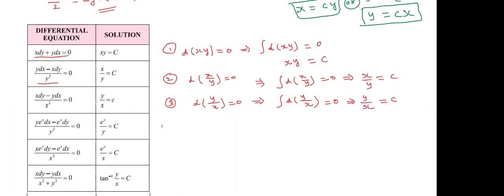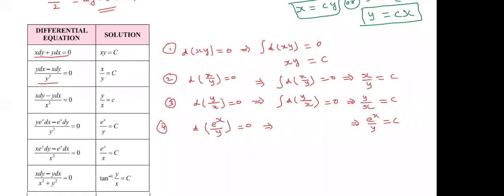Okay. Now see the fourth one. y into e power x dx minus e power x dy, by y square, is equal to 0. That is the derivative of e power x divided by y is equal to 0 only. Apply the integration. Finally, you will get the answer e power x by y is equal to c.